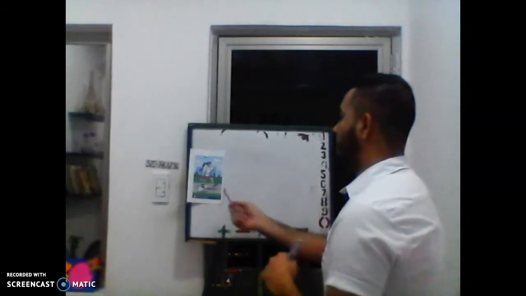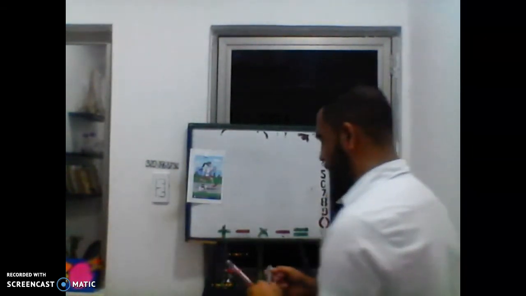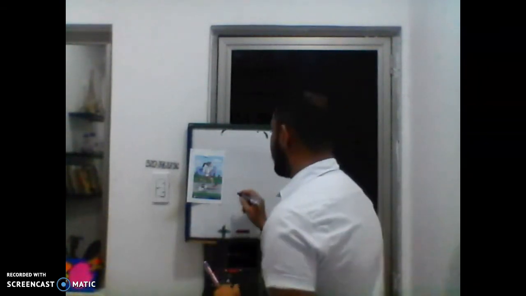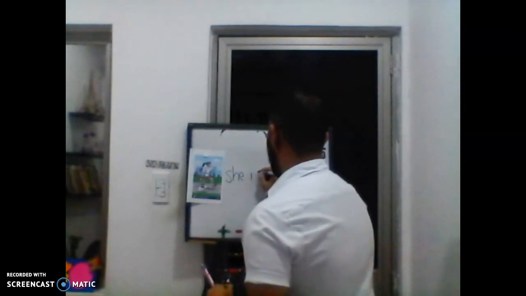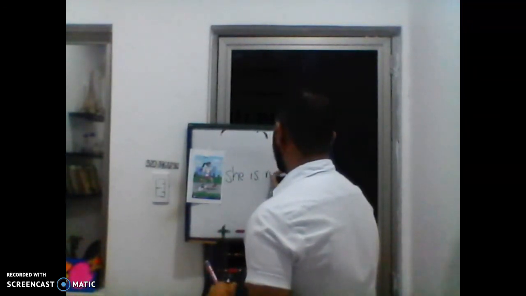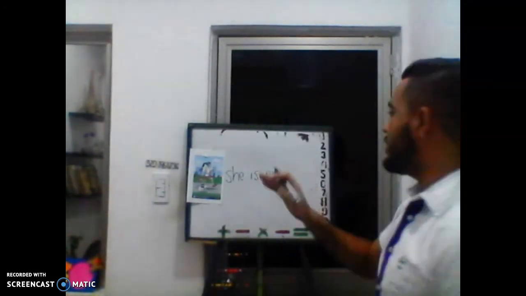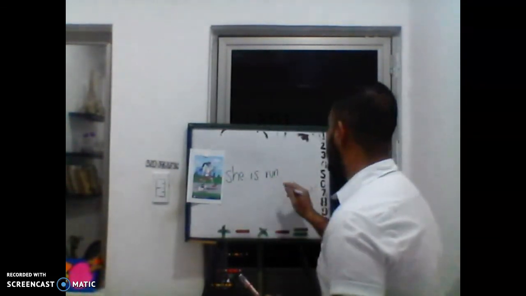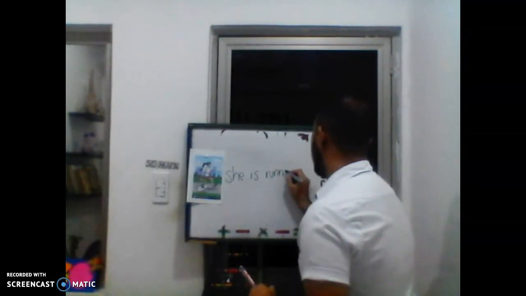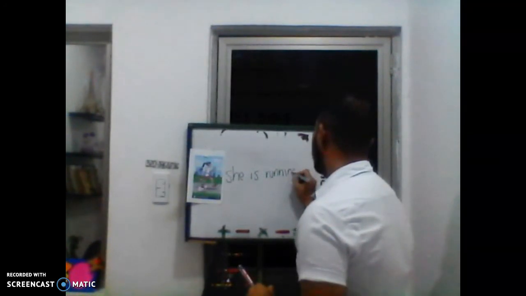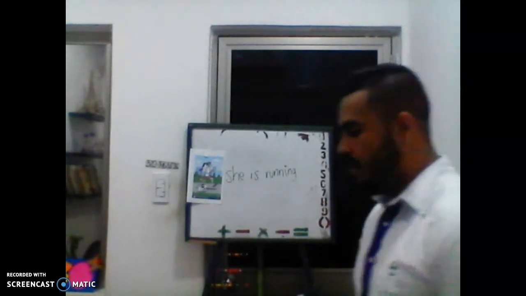I'm going to look at the picture and I write the sentence in the present progressive. Very good. For example, she is, the verb is run. I remember the rules, yes, when to double the consonant. Yes, alright. She is running. Very good.